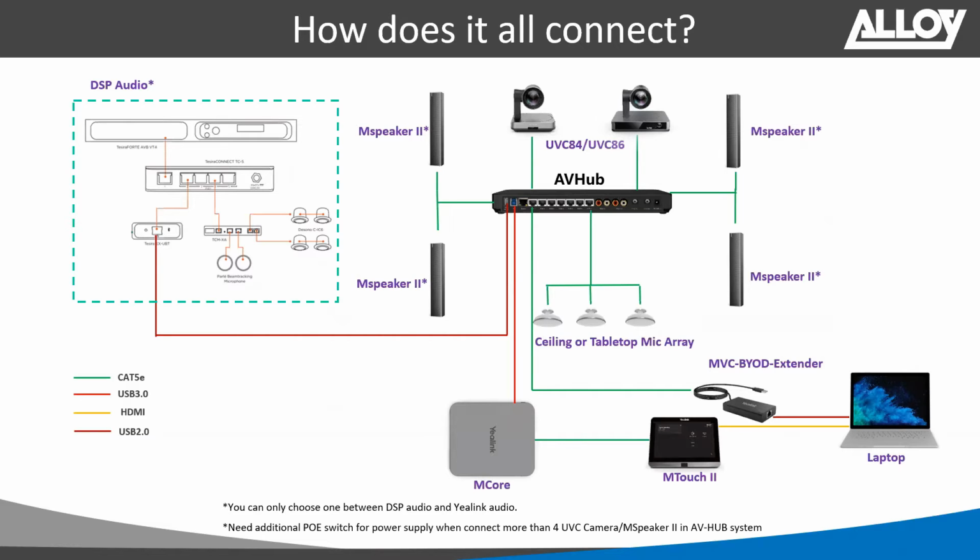Now, one of the first ways to do that is via Yealink's latest AV hub. The AV hub itself has a USB port that's dedicated for connectivity to third-party DSP options. And that's a USB connection directly to a USB-connected DSP. Now, in this example, we're using Biamp equipment.